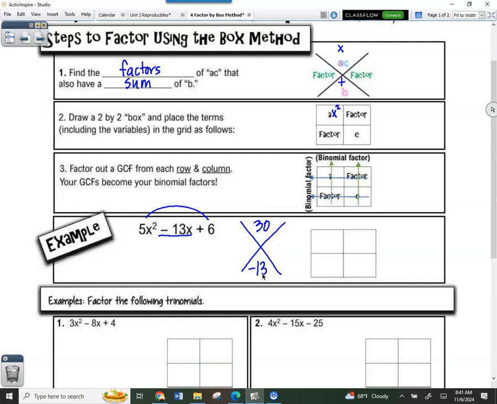There's actually 2 possible answers, but when you throw the signs in there is when you'll be able to say, never mind, there's only one right answer. Why am I saying there's 2 possible answers? What are they? 15 and 2, or 3 and 10. So there's 2 possible answers, but now it's a sign game, right? So it's got to multiply to give me positive, which means these are both positive or these are both negative.